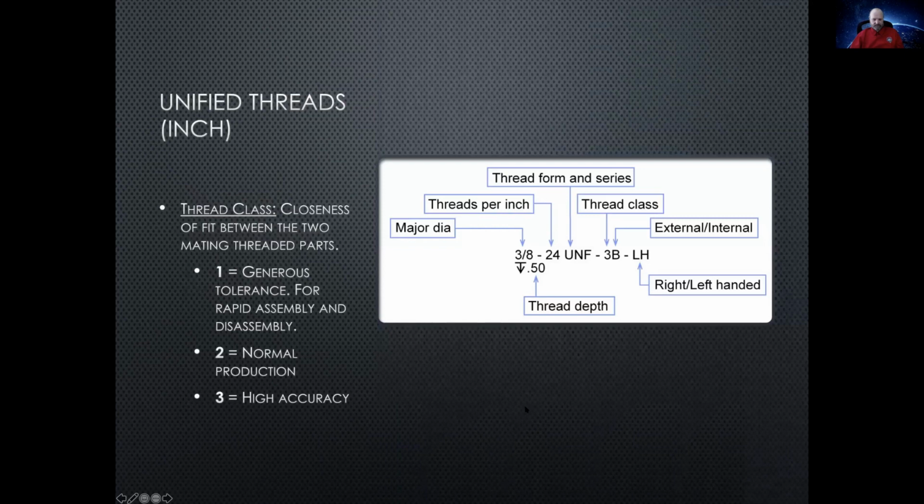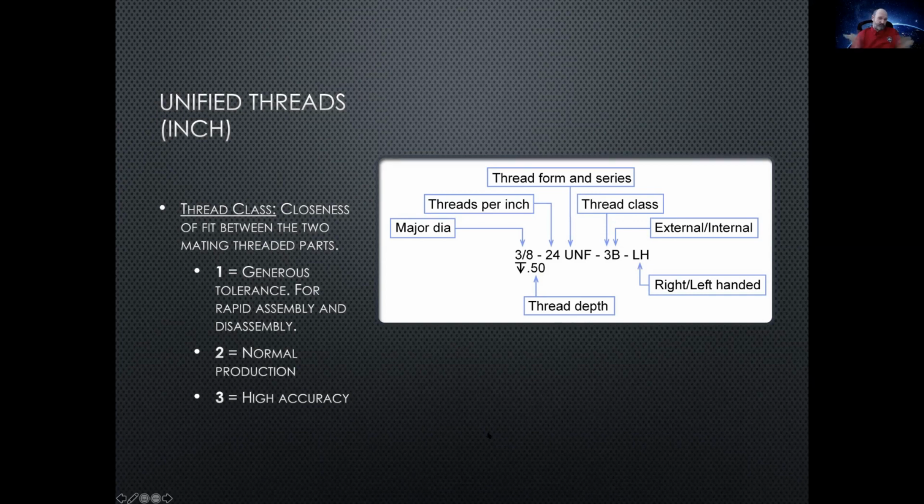Okay, next one. So the thread class, that's this 3 here. It's the closeness of the fit between the two mating threaded parts. So it gives you an idea of the gap between the external and the internal thread. So a thread class of 1 is a lot of tolerance.